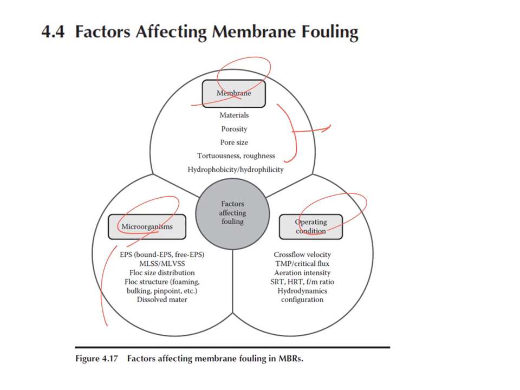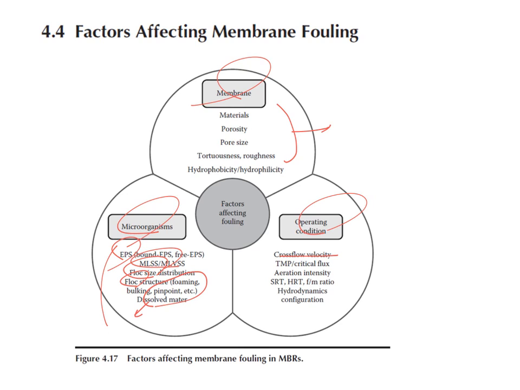In addition to membrane properties, the properties of the microorganisms are also important. As I mentioned, the EPS, MLSS, floc size distribution, and floc structure are all very important. Especially in an MBR system, the floc structure, such as foaming and bulking, are very important factors affecting membrane performance. Operating conditions are another kind of factor that we have to consider.